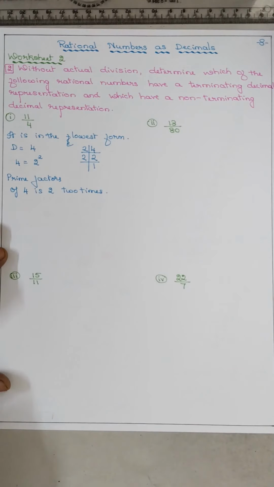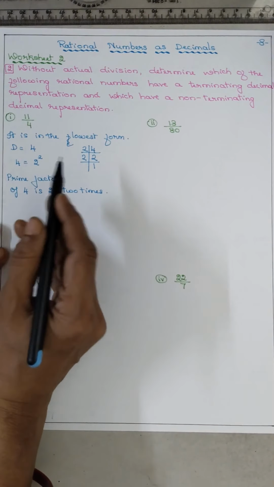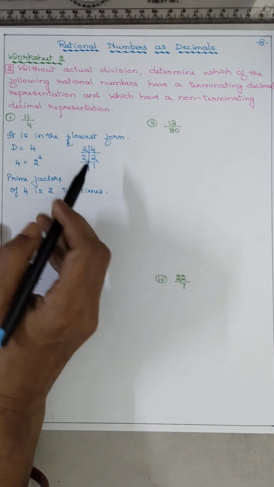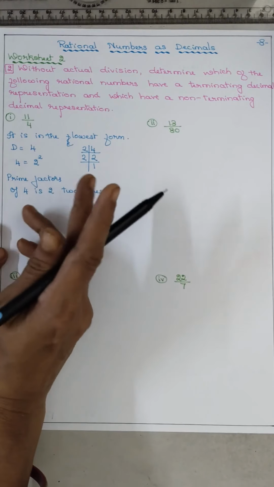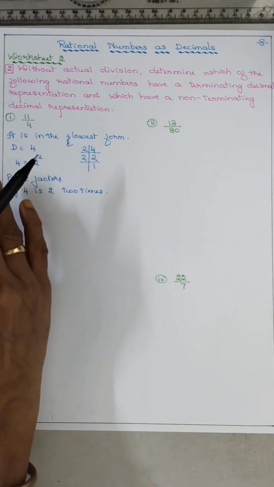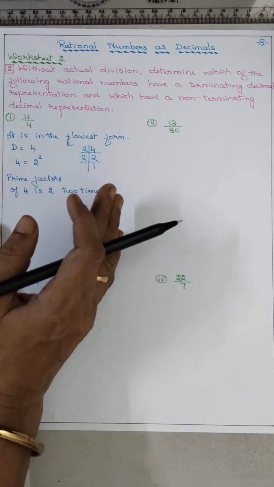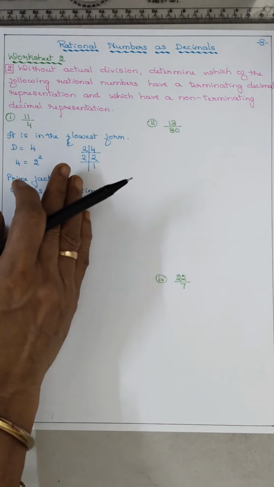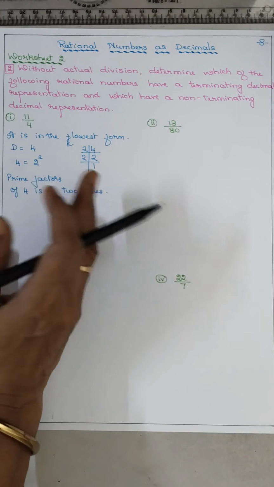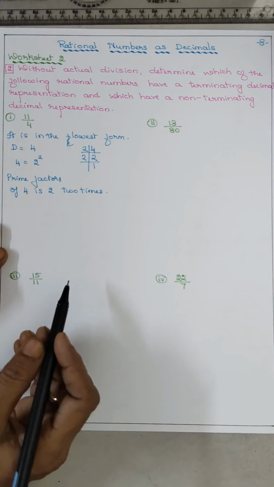Otherwise, no. So, in the example we explained that the prime factors of the denominator should be either 2 or 5, or both 2 and 5. If any number other than those comes, then it will have a non-terminating decimal representation. If it has 2 or 5 or 2 and 5, then it will have the terminating decimal representation.